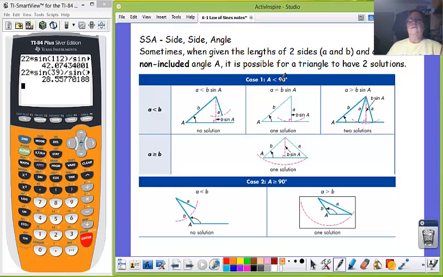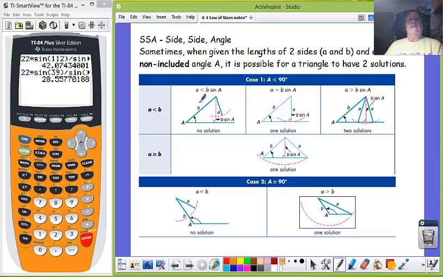If the non-included angle that we're given is acute, we next look at the two side lengths that we were given. The one across from the angle is the one that we're comparing, and if the one across from the given angle is smaller than the other side length that you know, then there are three possibilities.